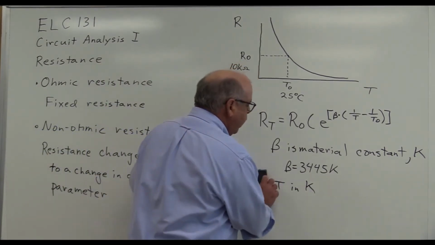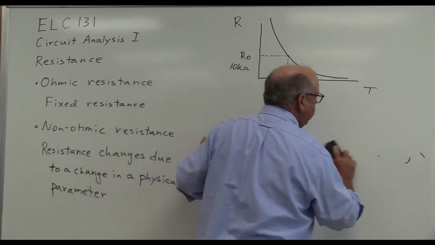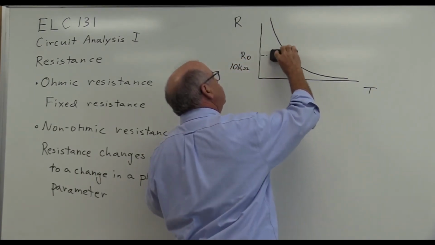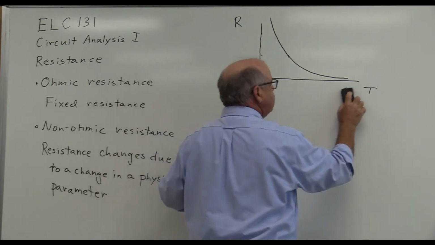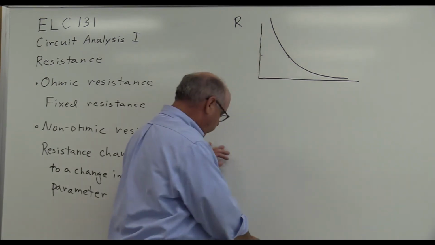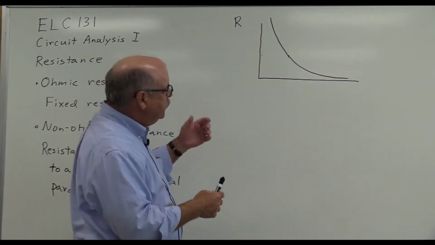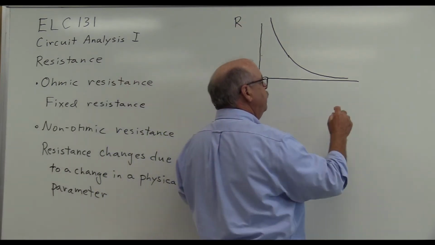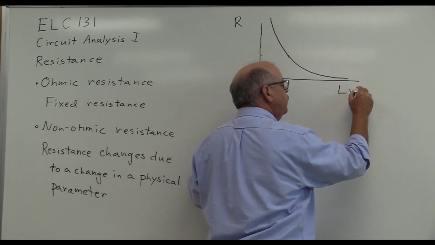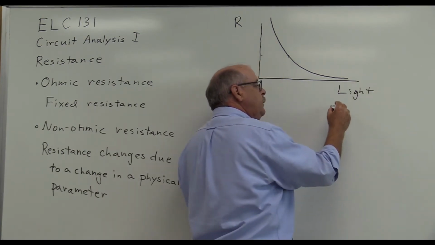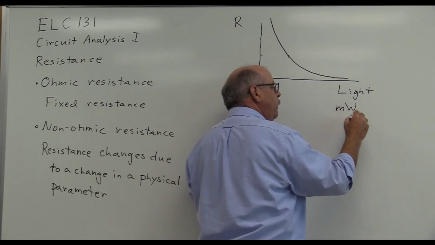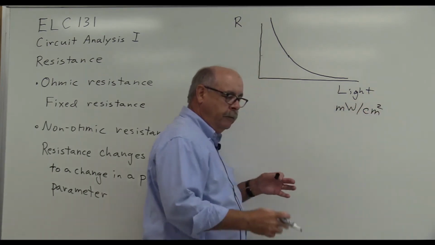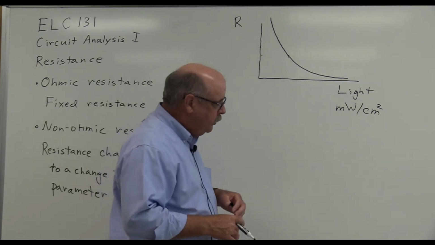Now, the light-dependent resistor or photoresistor actually has a very similar response to the thermistor. The difference is, of course, we're looking at resistance as a function of light intensity, and the light intensity can be expressed in milliwatts per square centimeter of aperture or surface area.